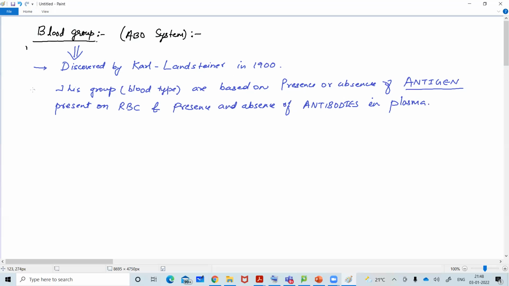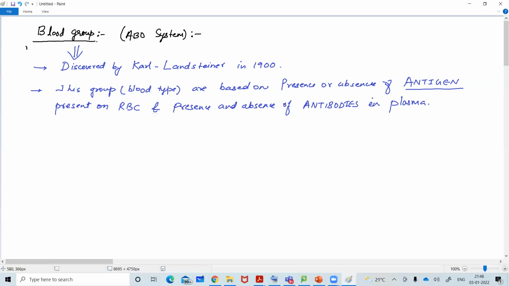So these are the two ways in which you can say that blood group is based on these two factors. Either you talk in terms of antigen present on RBC, or you talk in terms of antibodies present in the blood plasma.